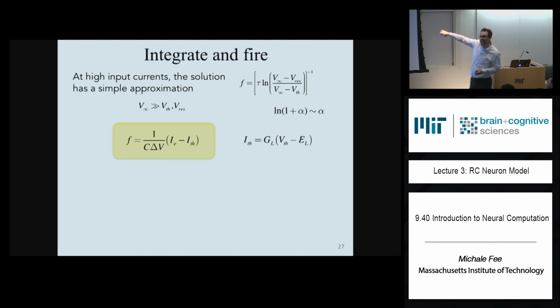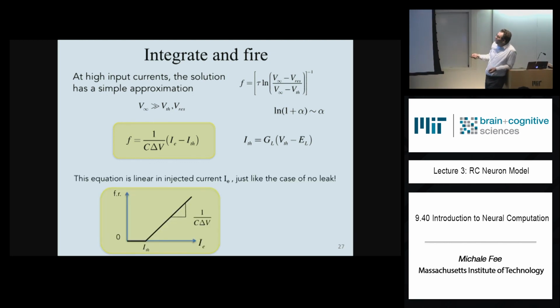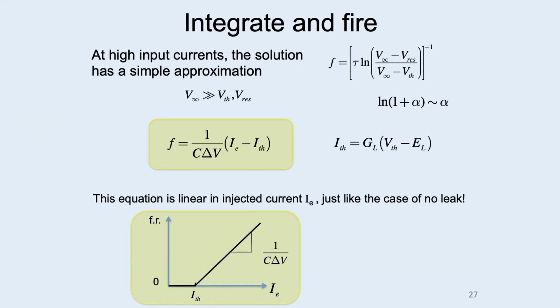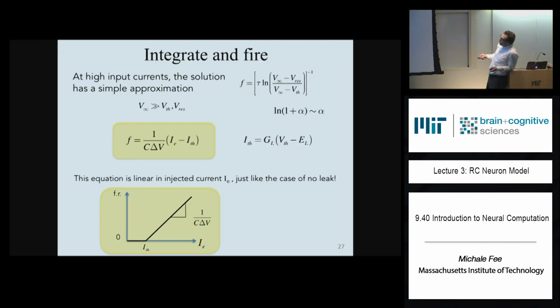It increases linearly. So this equation is linear in the injected current. The slope is exactly the same as it was for the case where there was no leak. So the firing rate is 0, and once you hit the threshold, the firing rate of the neuron increases approximately linearly for large currents.